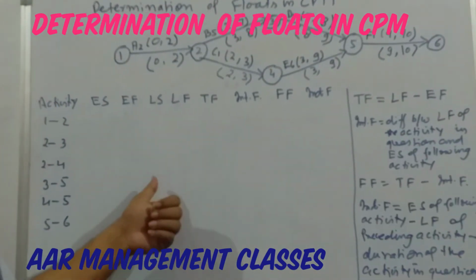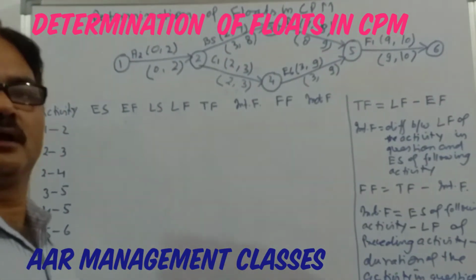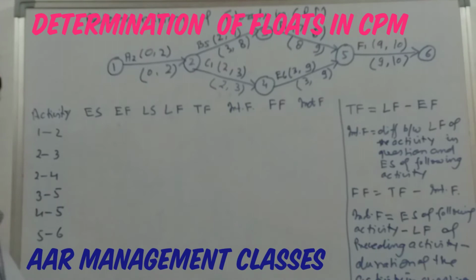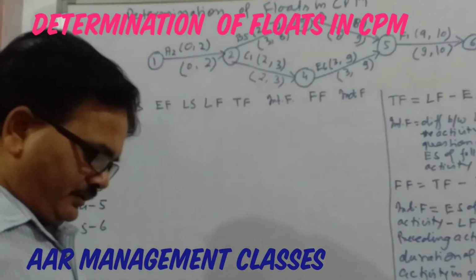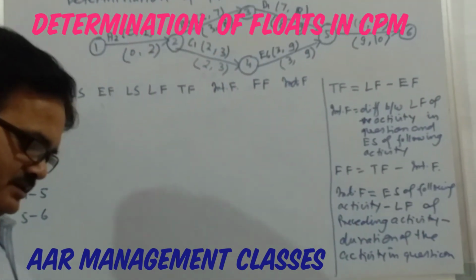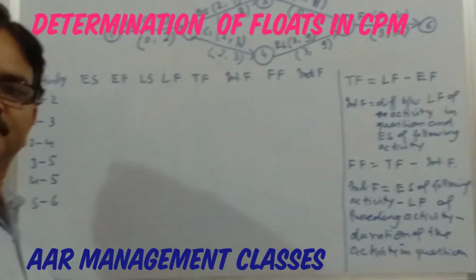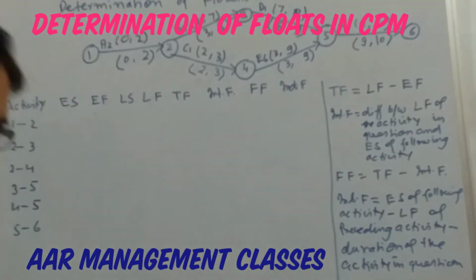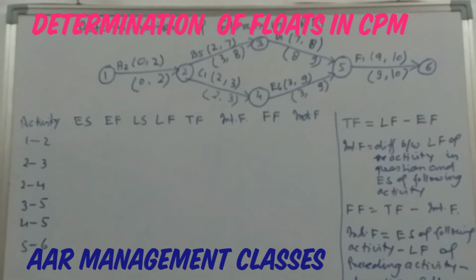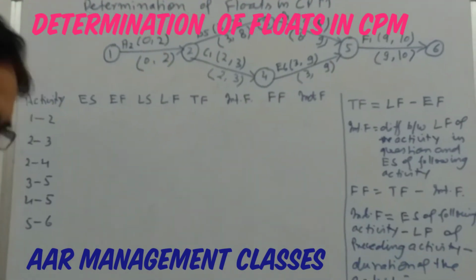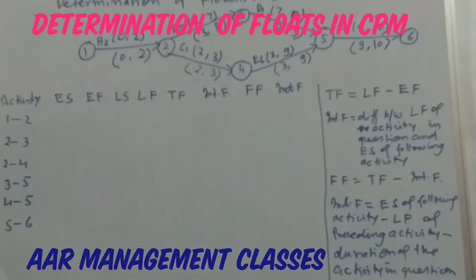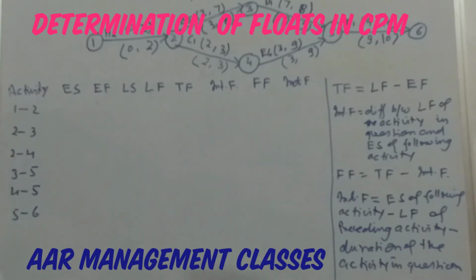Now the question is, we are to calculate floats. What is float? Basically, since the critical activities cannot be scheduled later than their scheduled time, they don't have any flexibility without delaying the project.